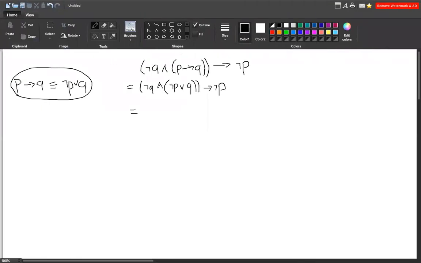So this negation Q will be multiplied by both. Let's put it like this: (negation of Q and negation of P), I'm going to put them in the bracket, and because of this and here, it's going to be or, (negation of Q and Q).